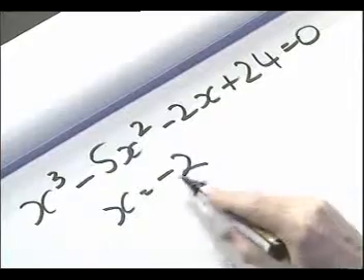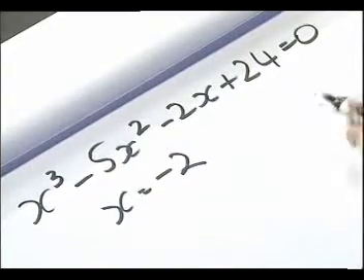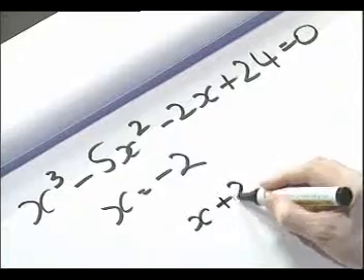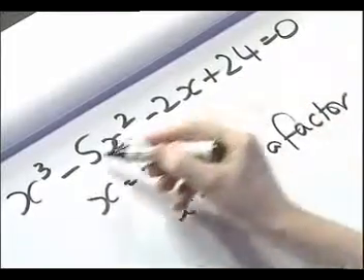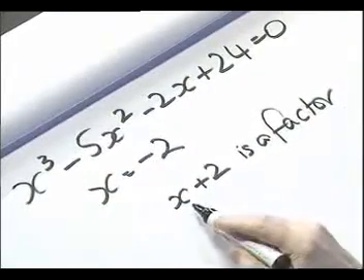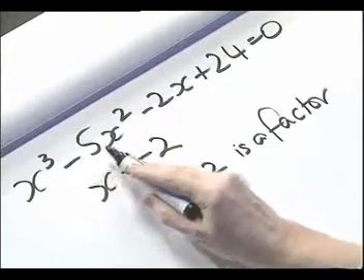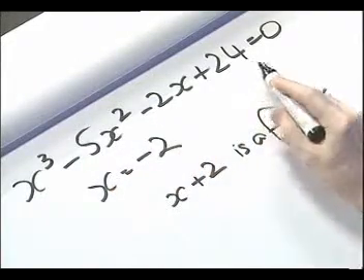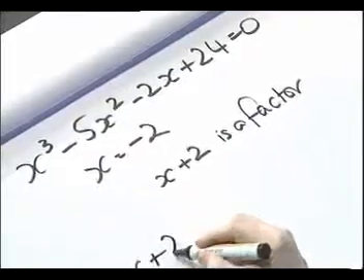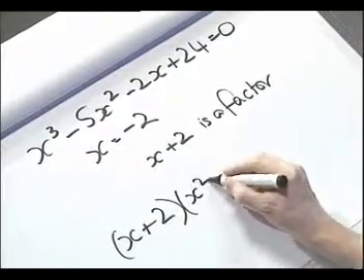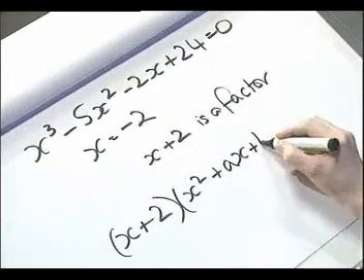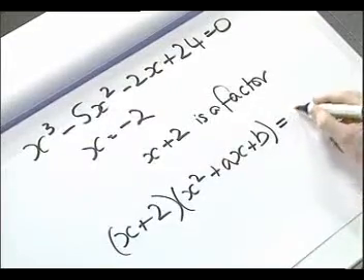There is a theorem called the factor theorem, which I'm not going to attempt to prove here, that says that if x equals minus 2 is a solution of this equation, then x plus 2 is a factor of this whole expression. This means that x cubed minus 5x squared minus 2x plus 24 is equal to x plus 2 times some quadratic, which we'll call x squared plus ax plus b. And then all that is equal to 0.